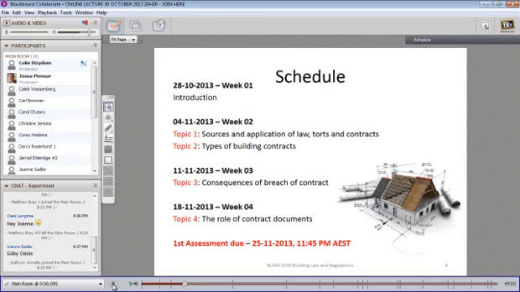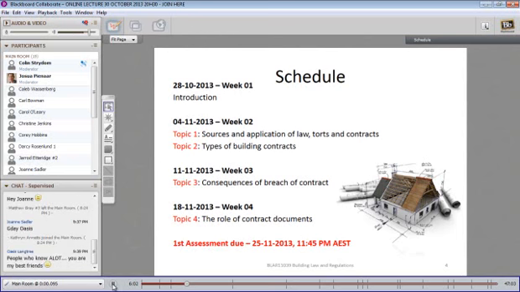So some of you would know a lot about some contracts already, some would know nothing. We'll work our way through them and see how we go. Mainly, we'll have a quick look at the traditional lump sum contracts, or fixed price contracts, as some would say.